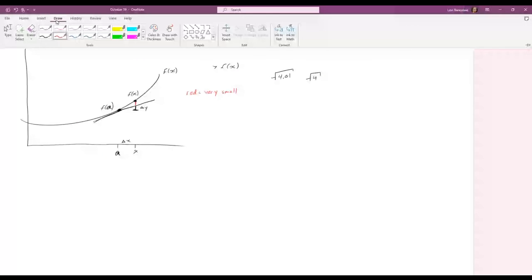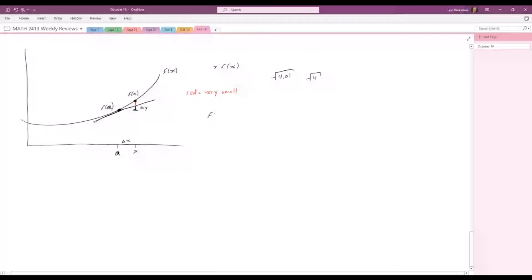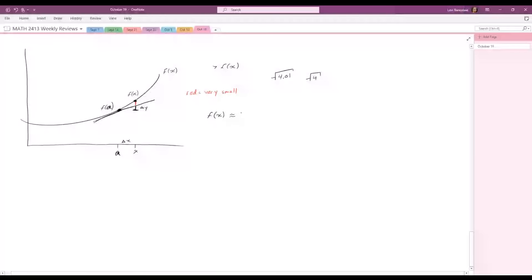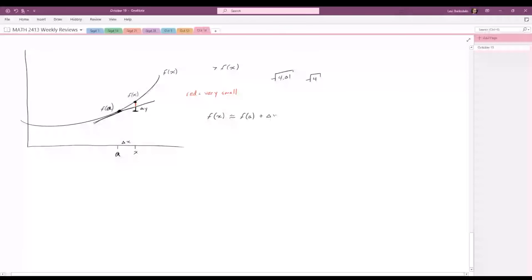So in general, we're going to make our approximation by saying the value that we want, f of x, is about equal to the value at our point A plus our change in y.